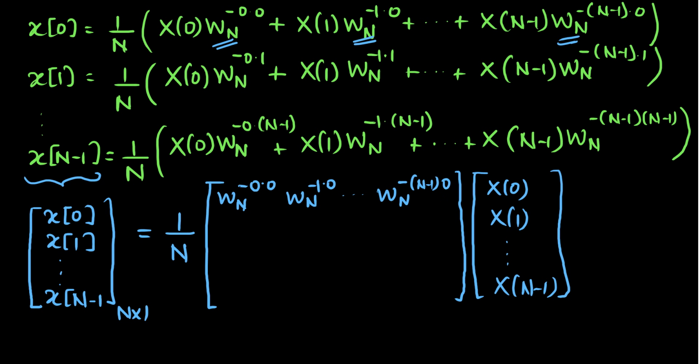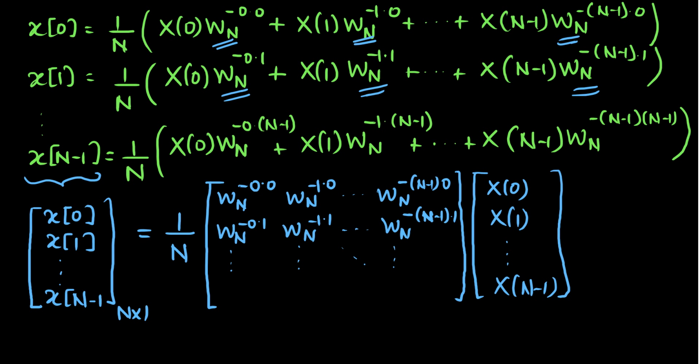Similarly, when we need to find x of 1, then the Twiddle factors that we have are like this. So we have Wn to the power minus 0 into 1, then Wn to the power minus 1 into 1, and so on till Wn to the power minus of n minus 1 into 1. And similarly, when we need to find the value of x of n minus 1, then at that time the Twiddle factors are given like this, which can be again arranged in this last row.